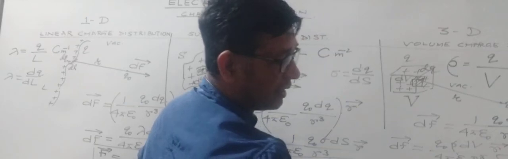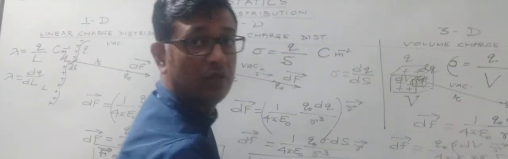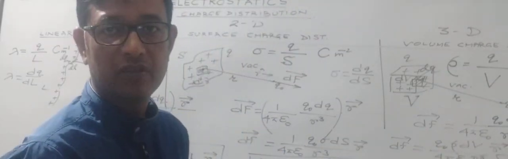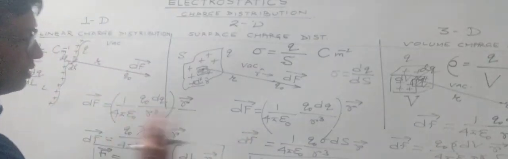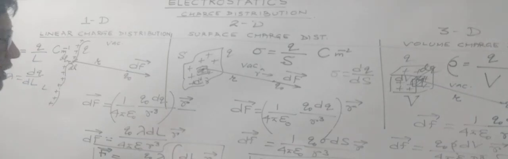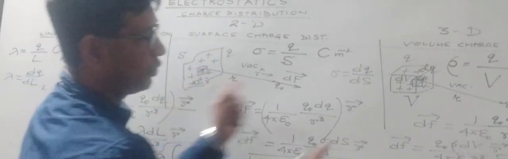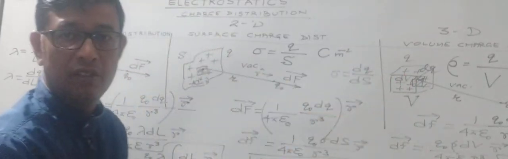And over here it is the volume integral. It can be represented either like this or by triple integration, which will represent a volume integral. So these are the expressions for the force experienced by charge Q naught due to line charge distribution, due to surface charge distribution, and due to volume charge distribution.